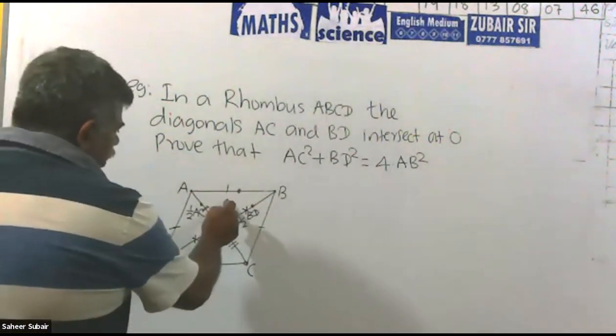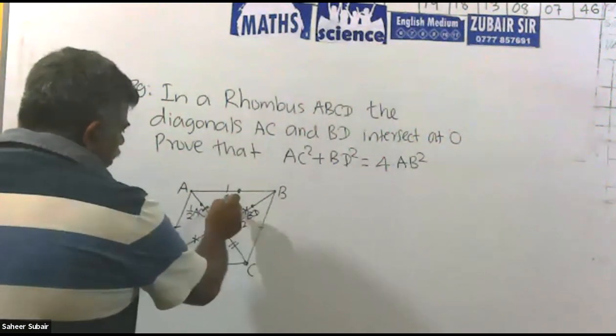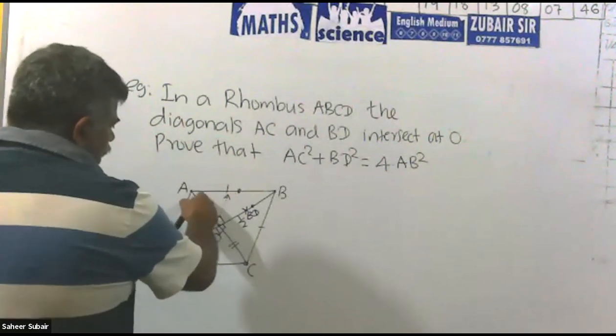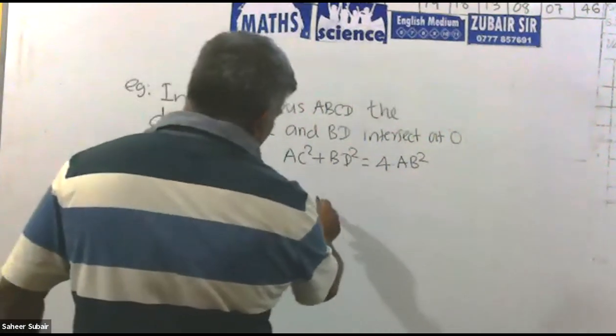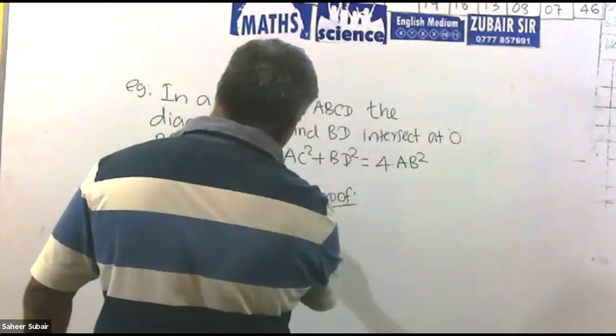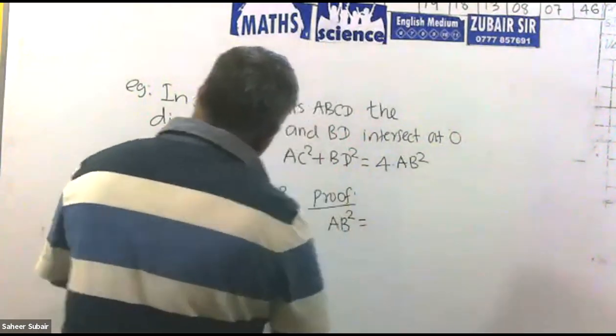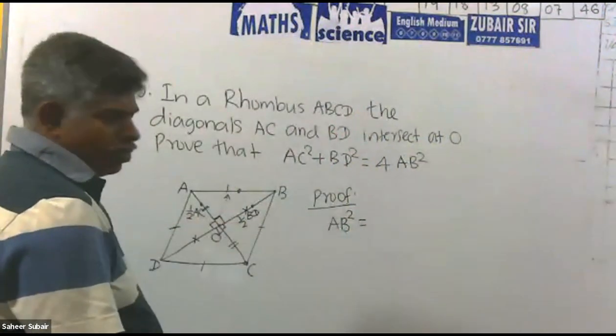Then in this right angle triangle, the side opposite to the right angle is the hypotenuse. AB is the hypotenuse. According to our Pythagoras theorem, AB squared is equal to the sum of the other two sides squared.